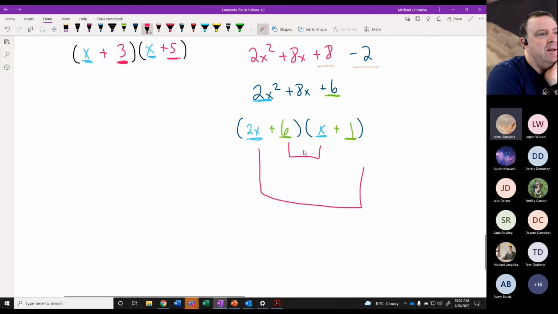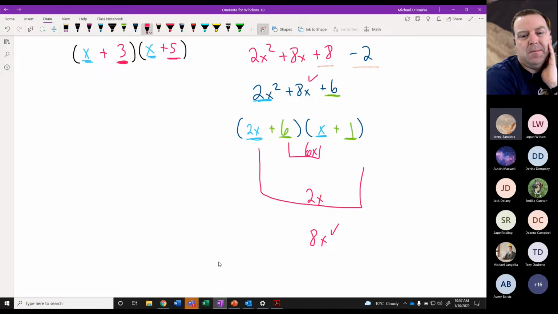And these multiply together to make 6x. Oops, 6x. These multiply to make 2x, which adds together to make 8x. Were you right, Brooke, or wrong? Thumbs up or thumbs down? Okay. Did you have the blue part right? Did you have those two right?